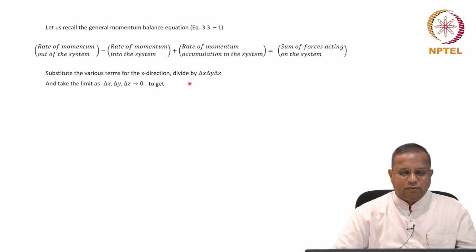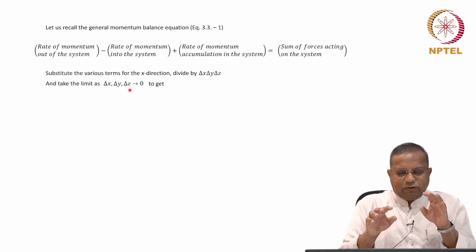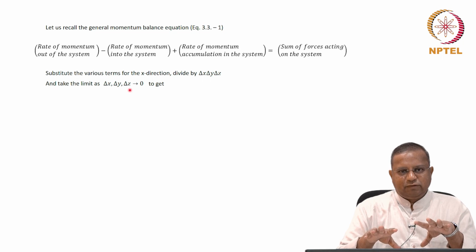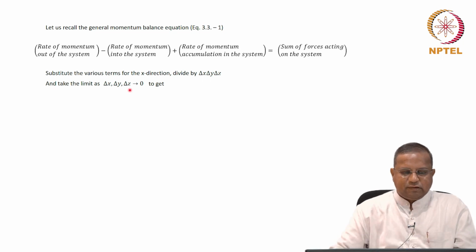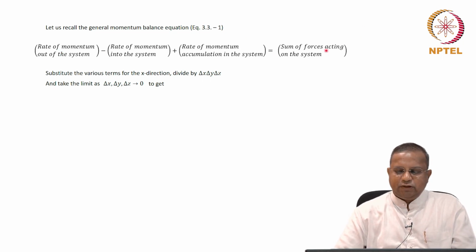our usual trick, you divide by delta x, delta y, delta z, then take the limit as delta x tends to 0, delta y tends to 0, delta z tends to 0. Okay, why don't I ask you to pause the video here. This is the equation that we are interested in. We have already gotten this term separately, this term separately, and this term separately.